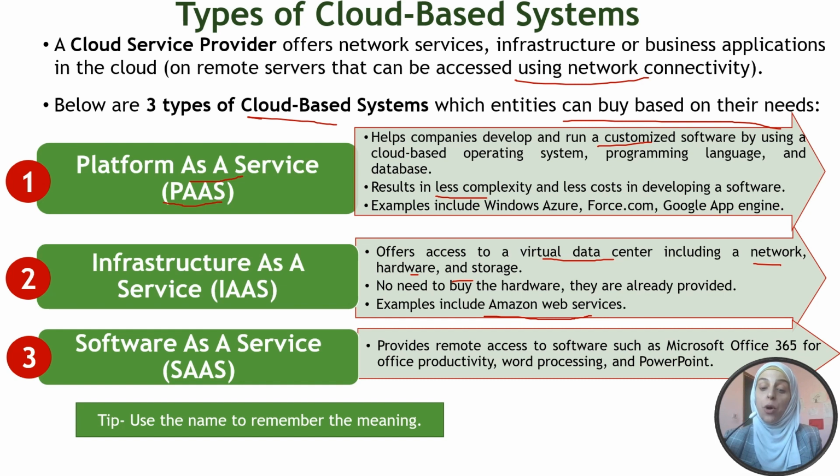It provides remote access to software such as Microsoft Office 365 for office productivity, word processing, and PowerPoint. So these are the 3 types of cloud-based systems, and an entity may buy based on its needs, and if it needs a hardware or not, if it wants an infrastructure, a software.